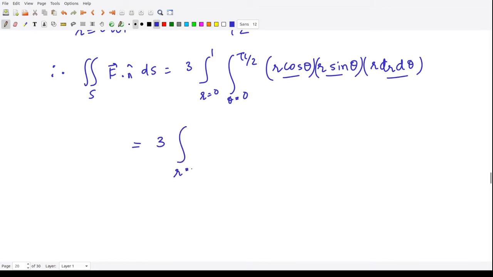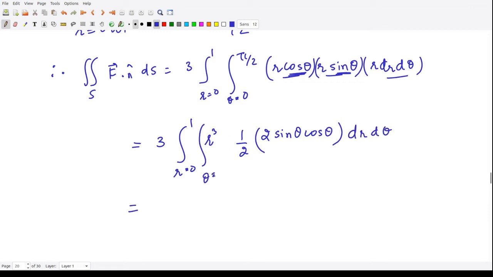So here you have r cube, and with respect to theta we have cos theta and sin theta. So I can write this as 1 by 2 into 2 sin theta cos theta. And what is 2 sin theta cos theta? That is equal to sine 2 theta, right? So theta varying from 0 to pi by 2, and r from 0 to 1, and 1 by 2 could also be taken out.